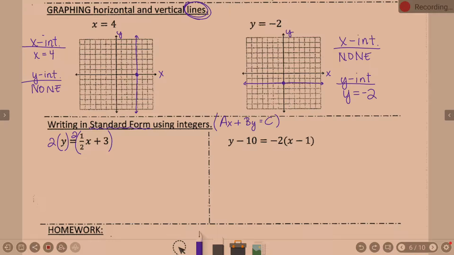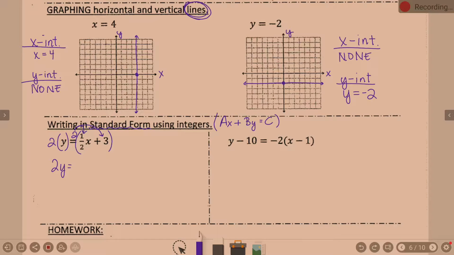What is 2 times y? 2y. Now, the other side, remember when you're multiplying by 2, you need to distribute.